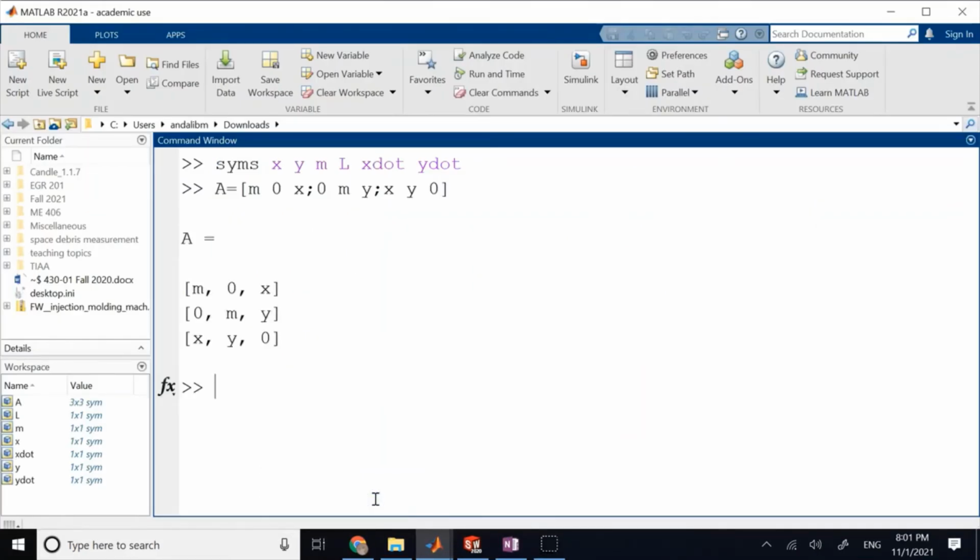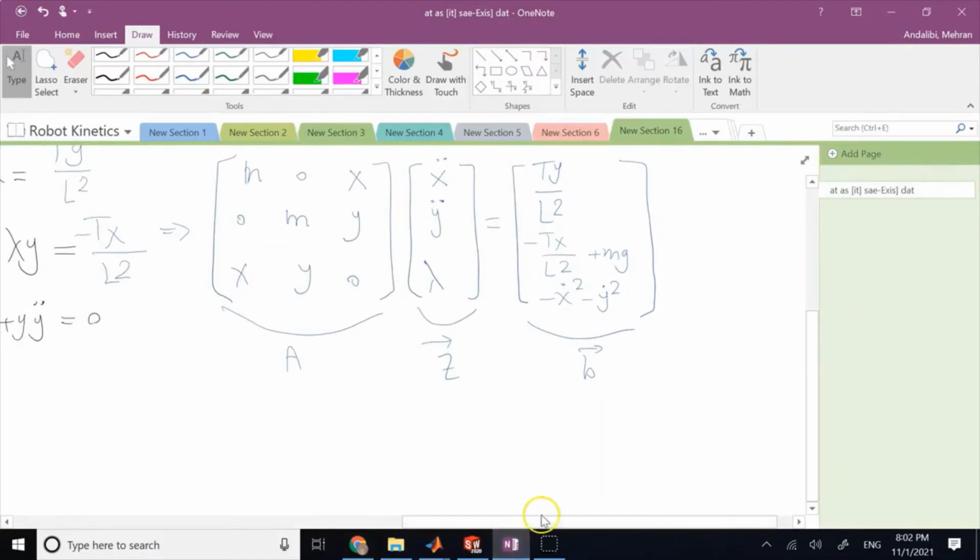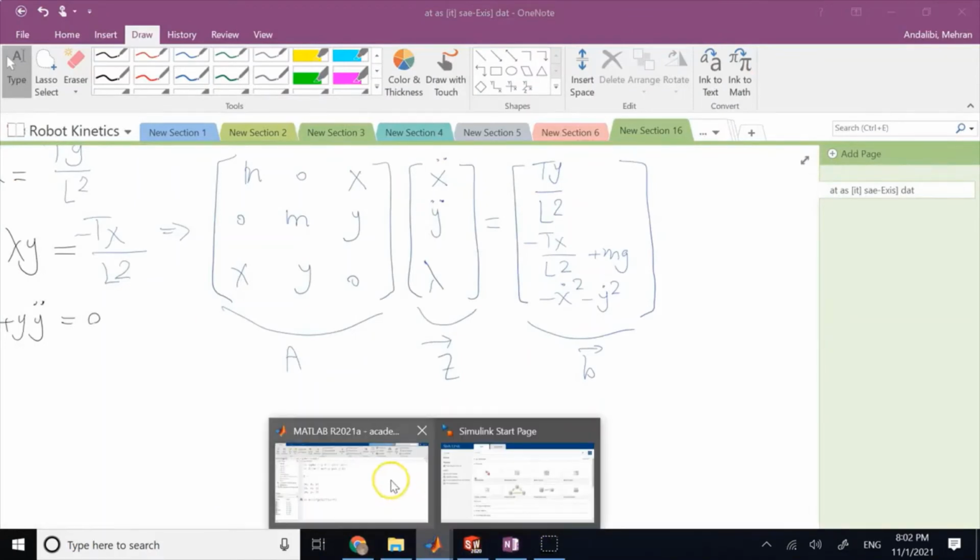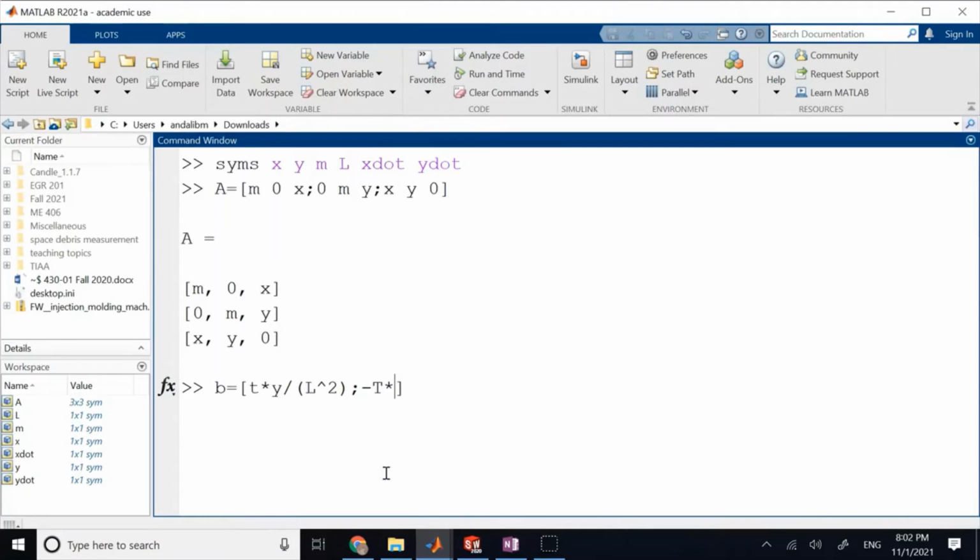So this is my coefficient matrix, and then the right-hand side is going to be t times y divided by L squared, and then negative, let's make sure, negative t times x divided by L squared, and then plus m times g.